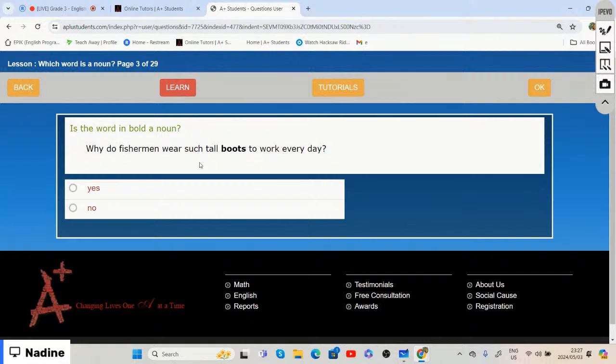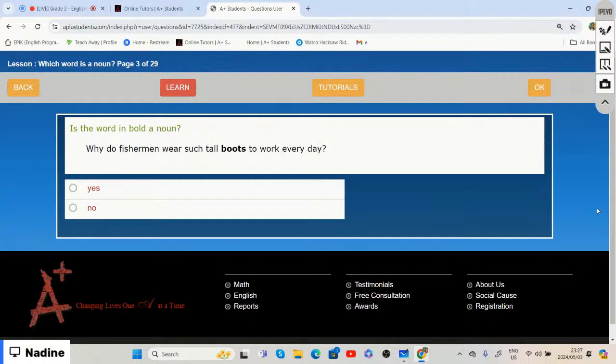Why do fishermen wear such tall boots to work every day? The word boots, is that a noun? Yes, or it's not a noun? No. So boots, is boots a noun?